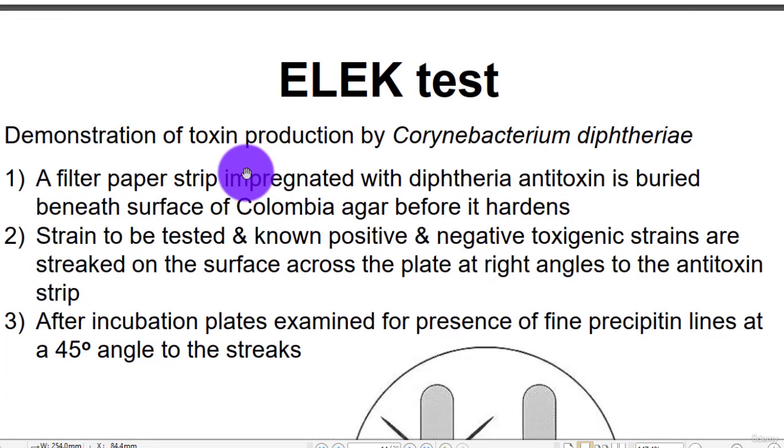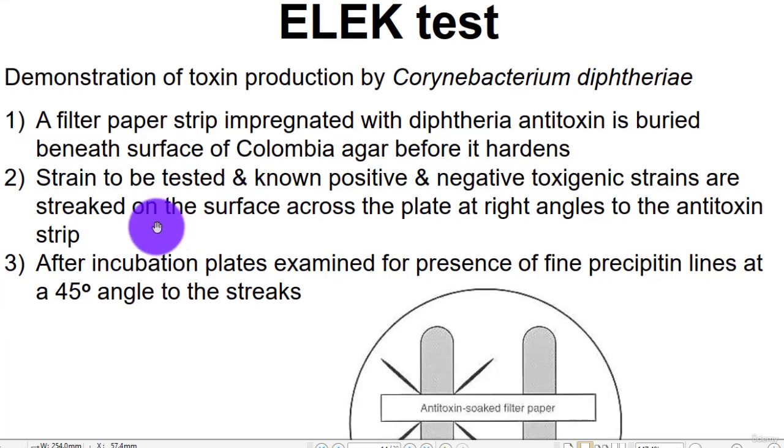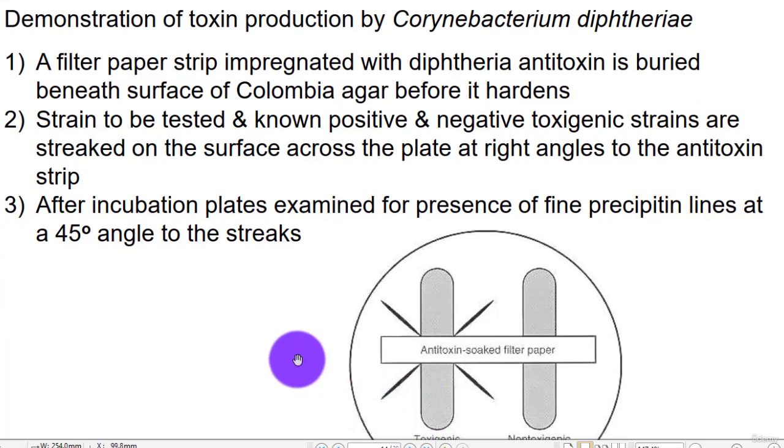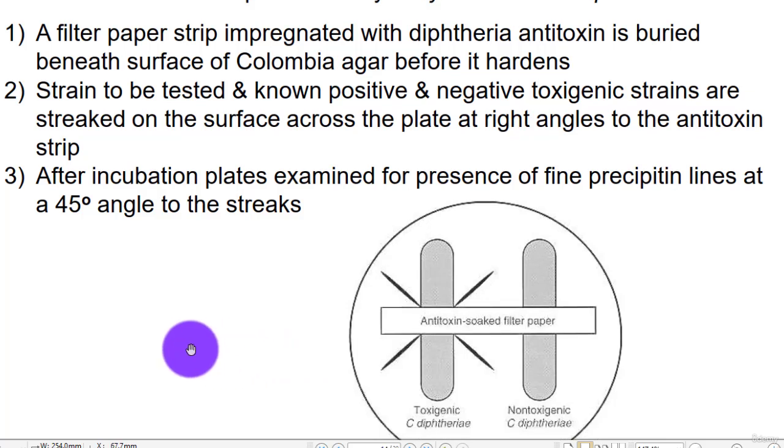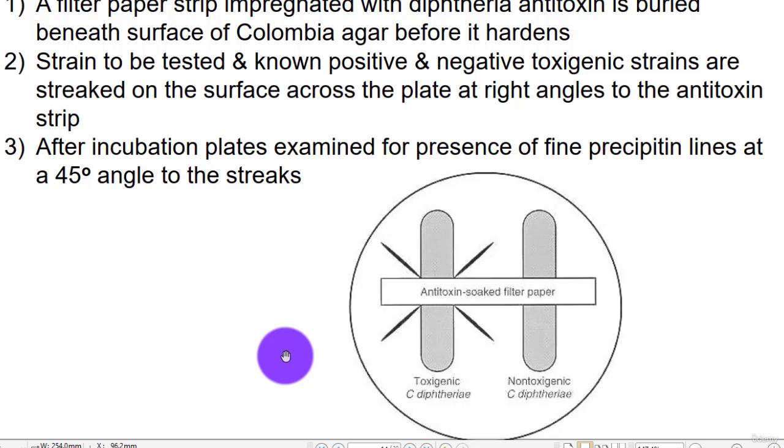Elek test, demonstration of toxin production by Corynebacterium diphtheriae. A filter paper strip impregnated with diphtheria antitoxin is placed beneath the surface of Columbia agar before it hardens. Strains to be tested, along with positive and negative toxigenic controls, are streaked on the surface across the plate at right angles to the antitoxin.